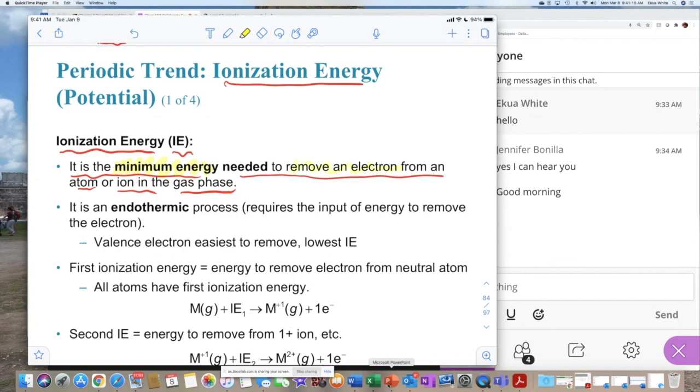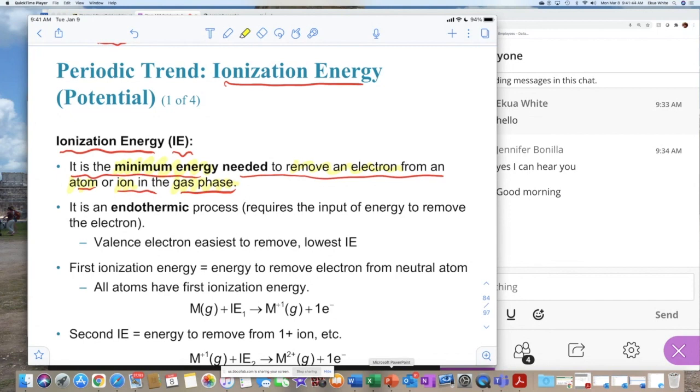Then we're told that in order to remove the electron, the chemical, either the atom or the ion, has to be in gas phase. So you cannot remove an electron from a metal in a solid state. To get the electron to come out, we make sure whatever you're trying to ionize is already in gas phase, and then you remove the electron.